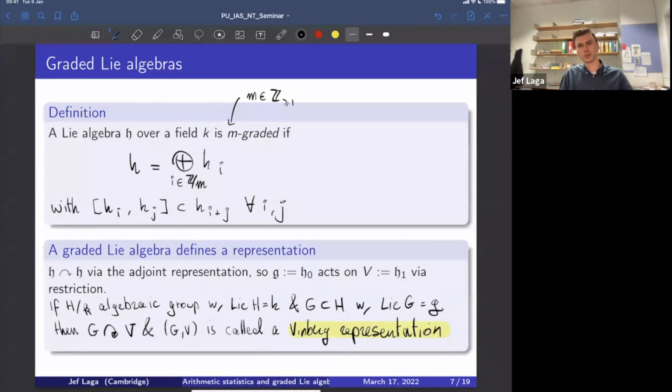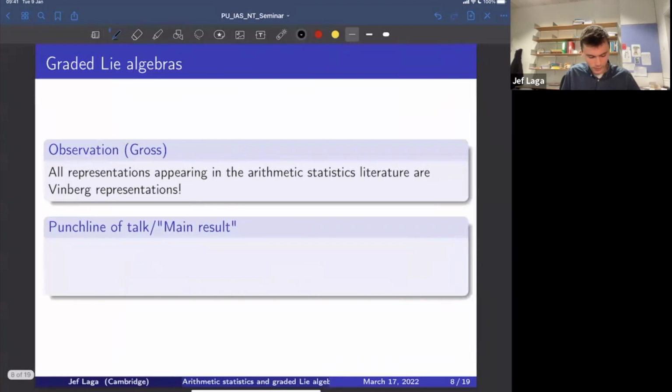And so Benedict Gross, when he tried to understand why Bhargava and Shankar could estimate the 2, 3, 4, and 5 Selmer groups of elliptic curves, but not the others, and why certain representations appeared and why others didn't, made an observation, namely that basically all representations arising in the arithmetic statistics literature at that point were Vinberg representations.